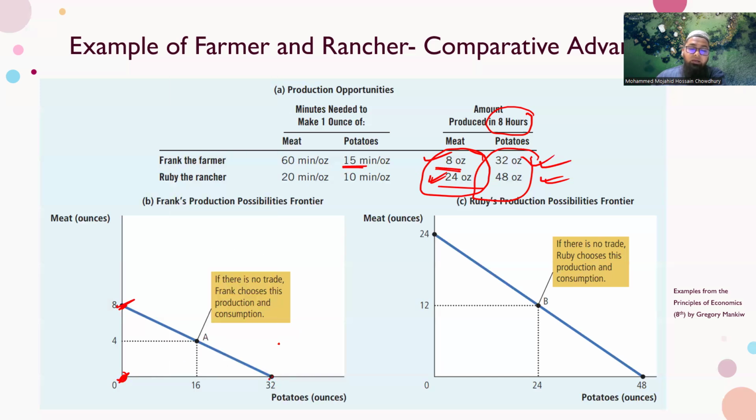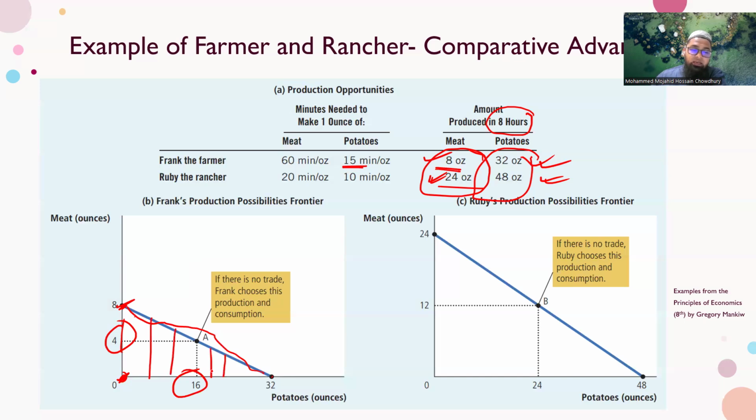And this line is called the production possibility frontier. That means if he divides his 8 hours into 4 hours and 4 hours, he will come up with 4 ounces of meat and 16 ounces of potatoes.